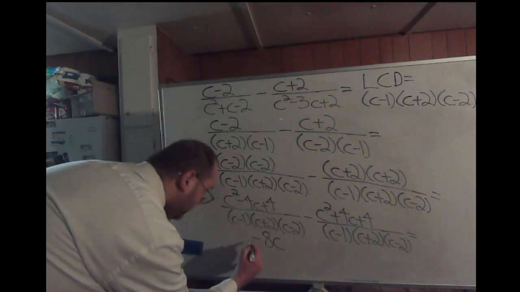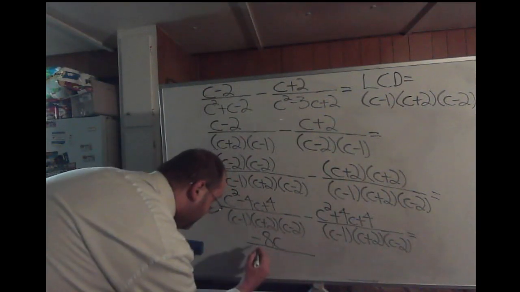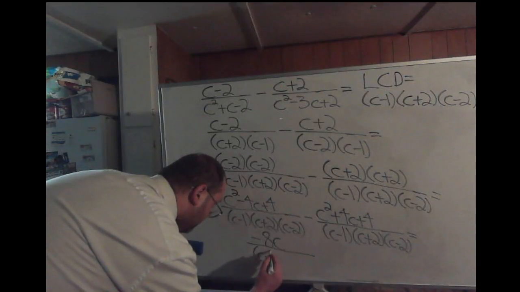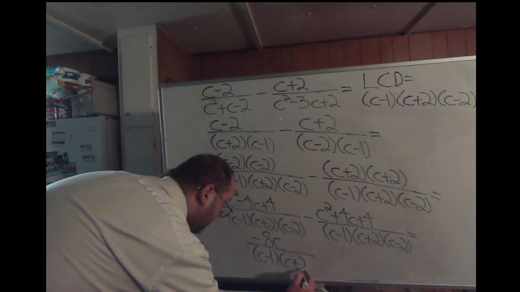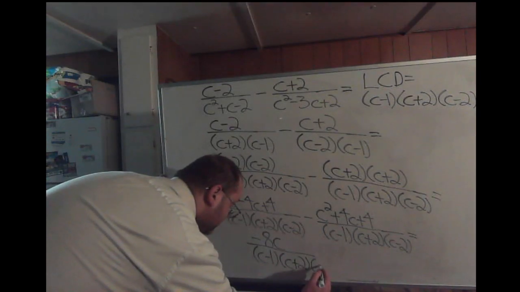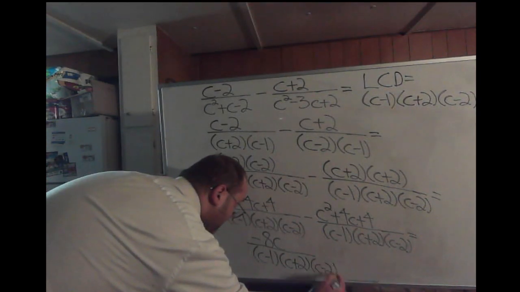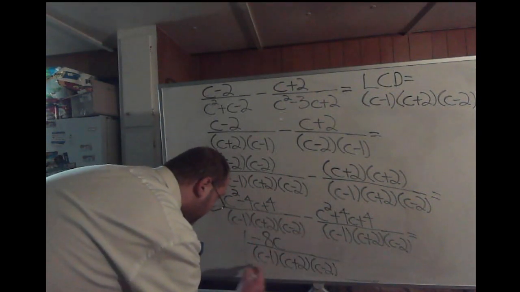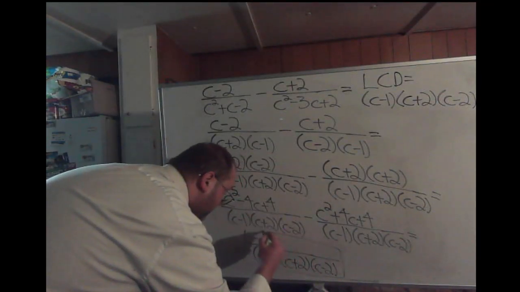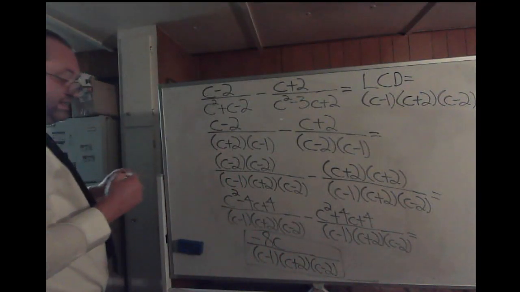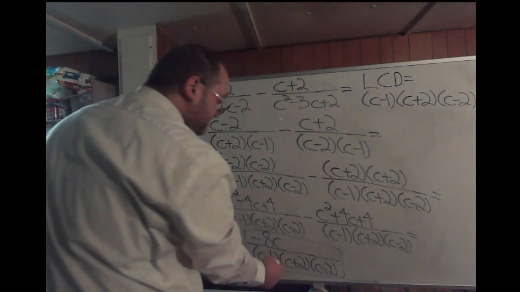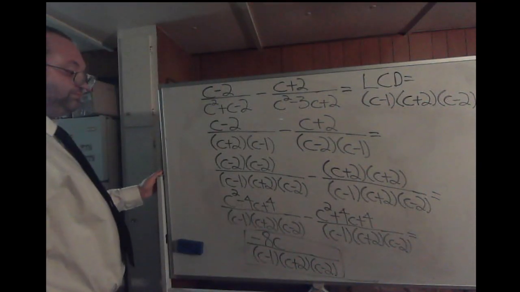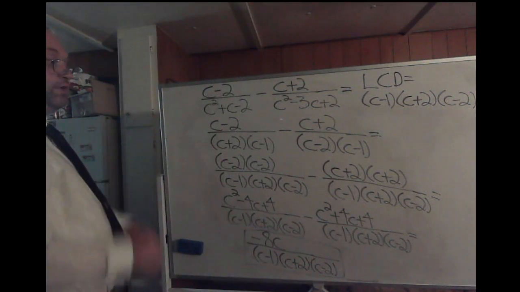So your numerator is negative 8c all over c minus 1 times c plus 2 times c minus 2. And this doesn't factor any further, so your answer should be negative 8c over the quantity of c minus 1 times c plus 2 times c minus 2. And really, that's it.